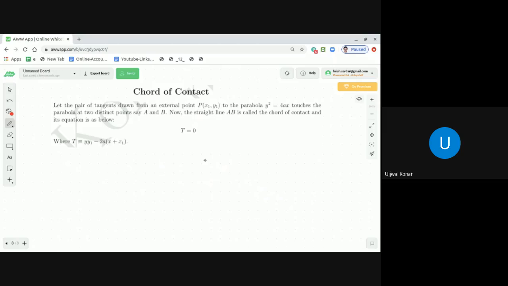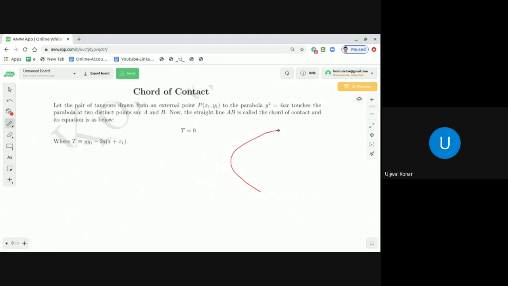So let me read out the statement first, dear students. Let the pair of tangents drawn from an external point P x1, y1 to the parabola y square equal to 4ax touch the parabola at two distinct points A and B. As I read this statement, let me draw the parabola first.